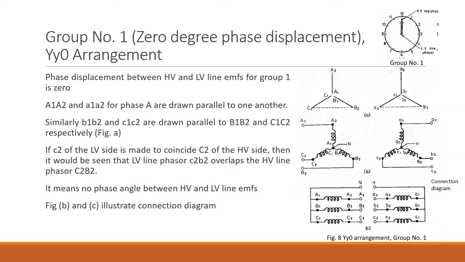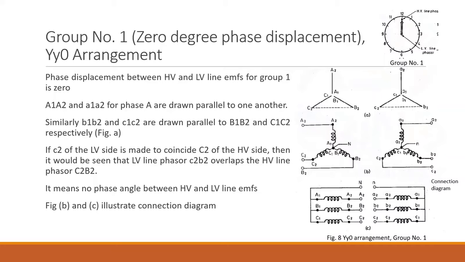The 0 is indicating 0 displacement. I think it is quite clear. Yy0. No one is going to tell you capital Y, small y, 0. He will tell you, okay, the transformer is connected in Yy0 fashion. So it should come into your mind that the first letter will be capital, meaning the first is indicating your HV winding.